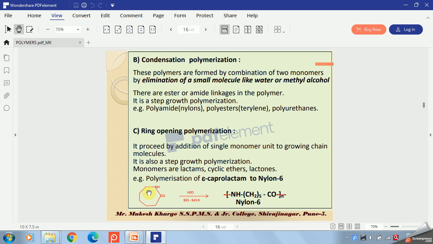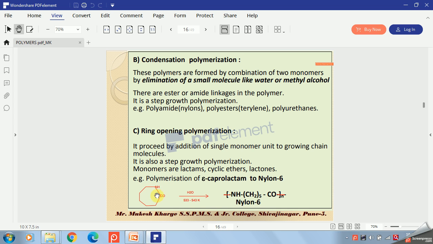If you observe this compound, epsilon caprolactam, the CO carbon is the first carbon, next to that is the alpha carbon, then beta, then gamma, then delta, and then epsilon. Next to the epsilon carbon, the NH group is present in the ring.